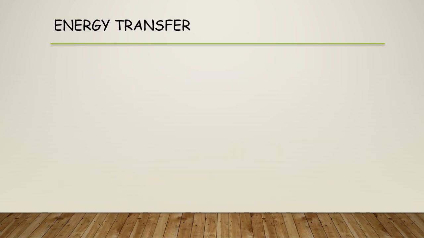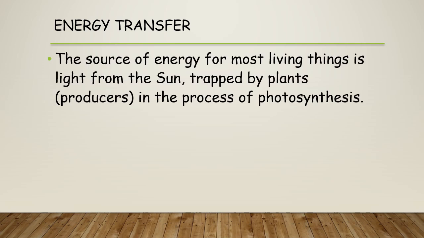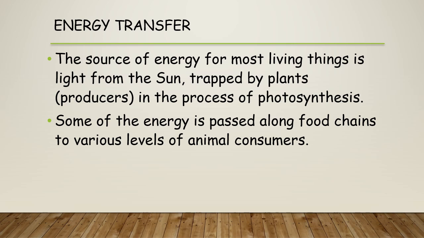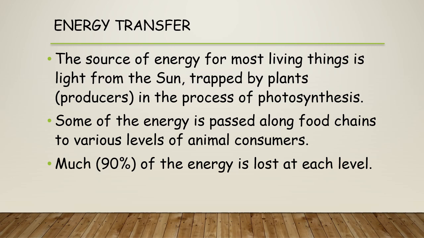One of the other problems within this process is energy transfer. Again, we know that the source of energy is the sun. That's trapped by producers in the process of photosynthesis, and then that's passed on through food chains to various levels of consumers. But you remember from National 5 that 90% of the energy is lost at each level.